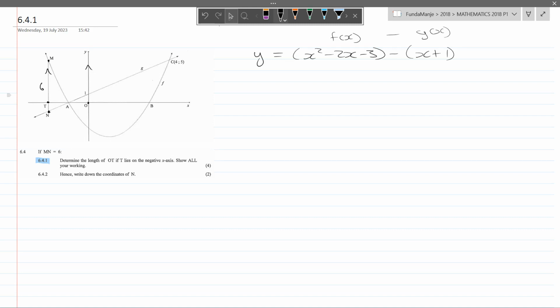That's just subtracting the y value of g of x from the y value of f of x. And in this particular case, the value that we get is 6. So 6 is equal to x squared minus 2x minus 3 minus x plus 1. We are looking for the x values that will give us a length of 6 between our graphs.